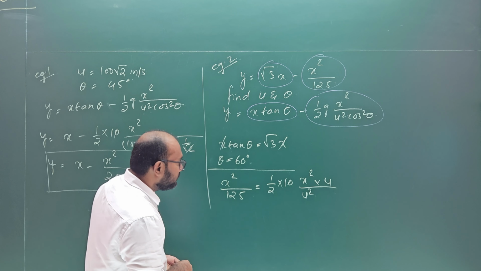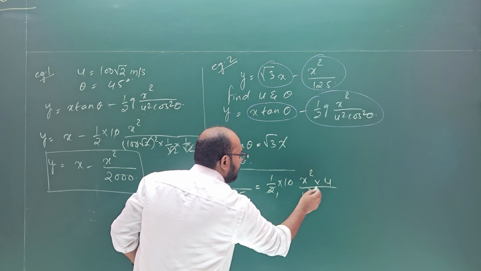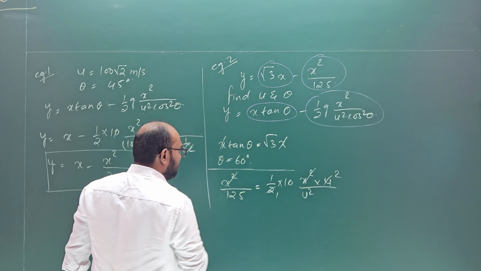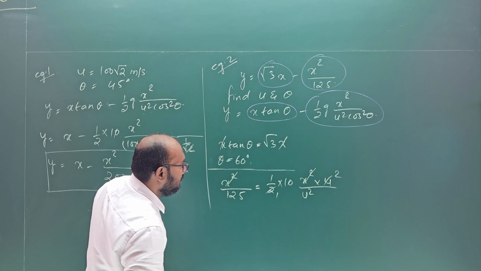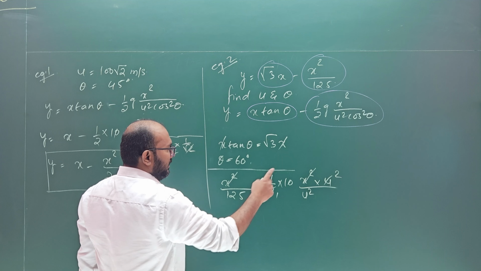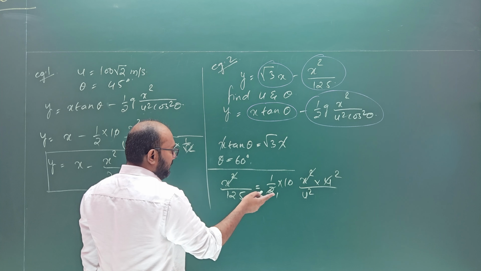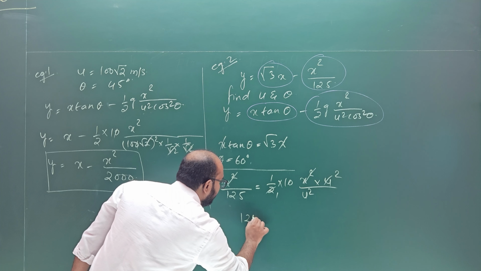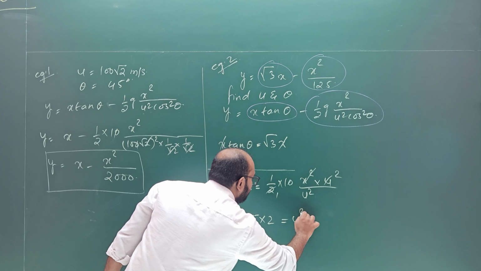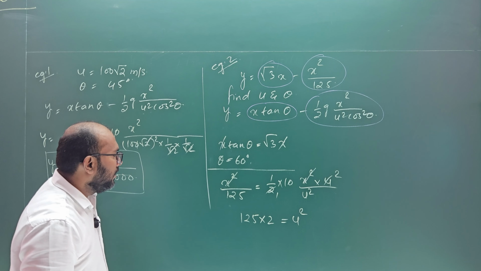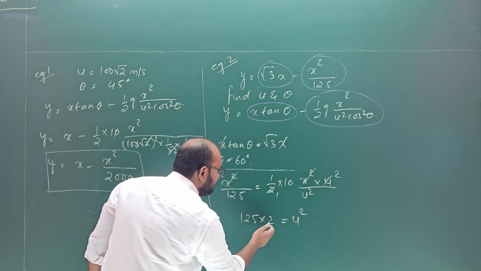Now, x square gets cancelled. Left out is what? 20, and 20 into 125. 125 into 20 is equal to u square, or this becomes 2500.